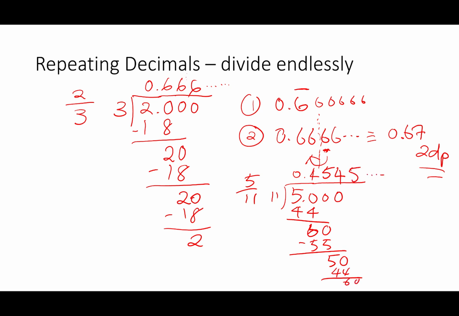So you see that instead of one digit as in 6 repeating, we get the pattern of 4, 5, after that 4, 5, after that 4, 5, etc.